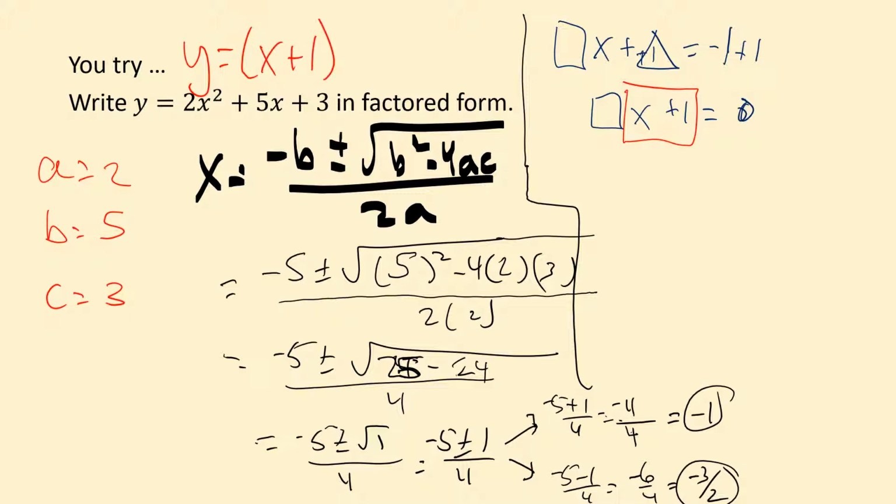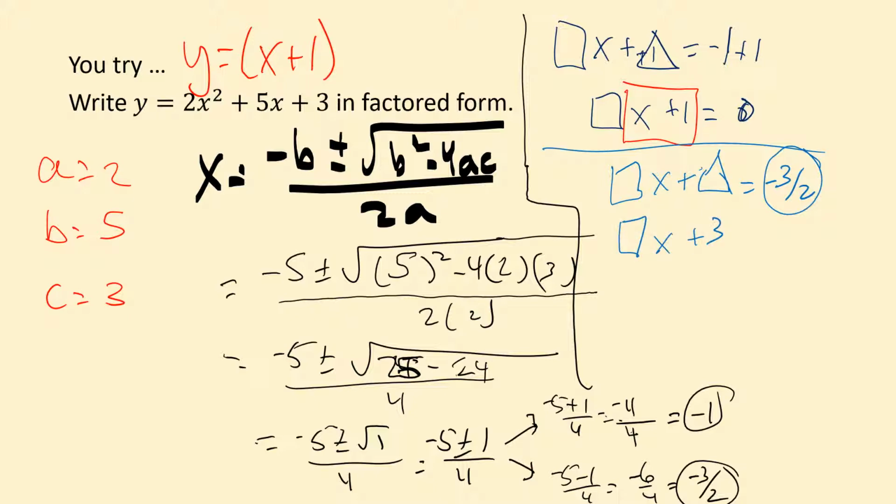Now let us look at the second solution. We've got some number times x plus some number equaling negative 3/2. Once again, get this part right here to equal 0. Add 3/2 to both sides. When we do that, you have that so far. And then you need to get rid of that fraction, so we're going to multiply both sides by 2.